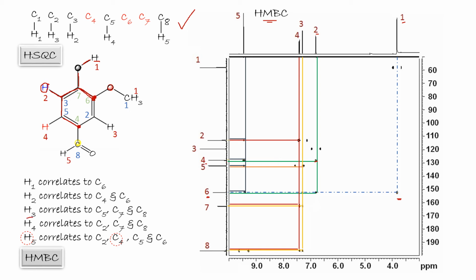H3 is connected to 5, 7, and 8. H3 is connected to 5, J3, 7, 1, 2, 3, J3 again, and 8, 1, 2, 3.